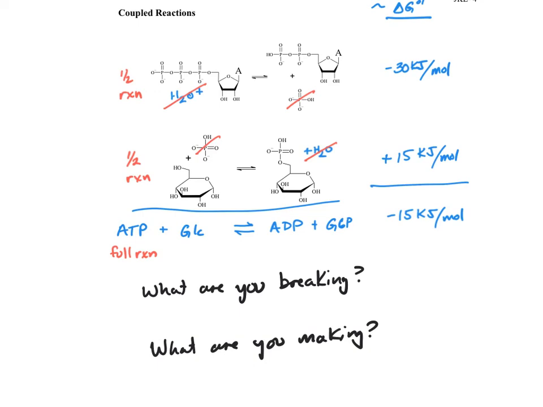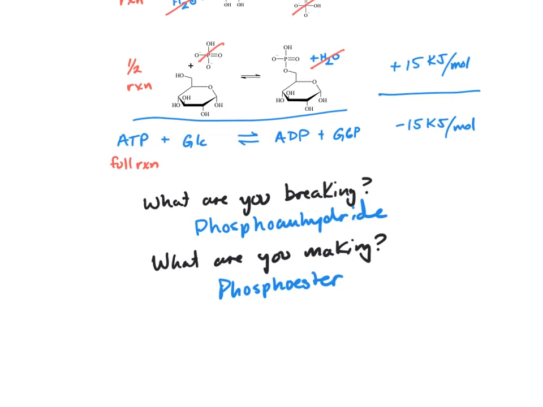So how would we answer this one? What are you breaking? We're breaking a phosphoanhydride. And what are you making? We're making a phosphoester.